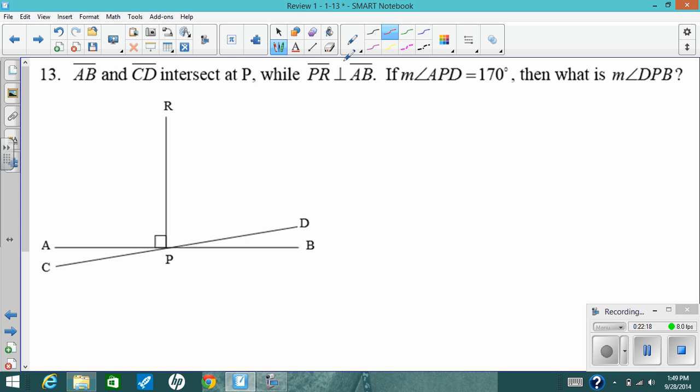Here I'm given a whole bunch of information, some that I can label. This bit of information might look a little unfamiliar. We haven't gotten to this yet, but that means segment PR is perpendicular to segment AB. Even if you don't know what that means just yet, we can see that we have a right angle right here, so that is 90 degrees.